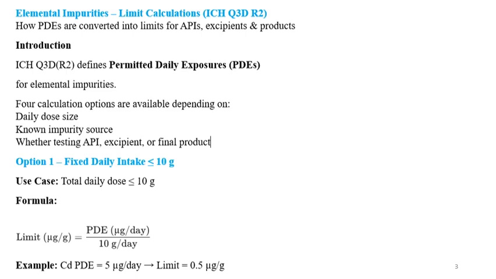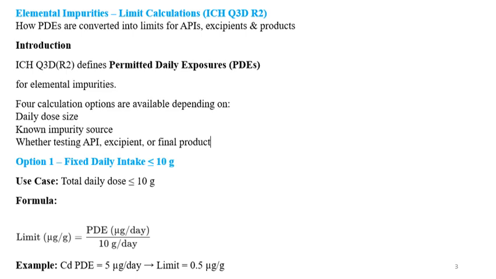Option 1, fixed daily intake. It is equal to or less than 10 gram. Use case: total daily dose is less than or equal to 10 gram. So as per the guideline, we have the PDE for each element. For example, cadmium, we have the PDE of 5 microgram per day. If you want to set the limit for cadmium, the formula is given as per Option 1, that is fixed daily intake of less than or equal to 10 gram.